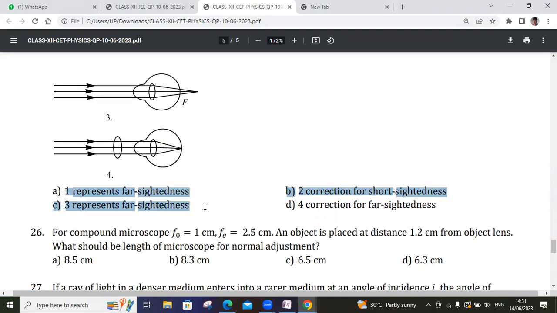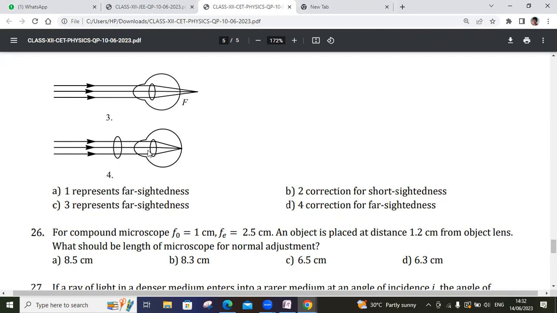Even if you don't know, logically also you can solve. See, 4 is the correction for farsightedness. These two are correct for sure. The answer can be either of these, one or three, meaning A or C. These two are correct. So 4 is the correction for farsightedness. It means we are using a convex lens here.